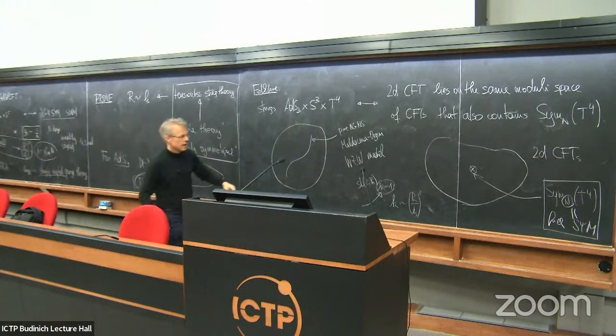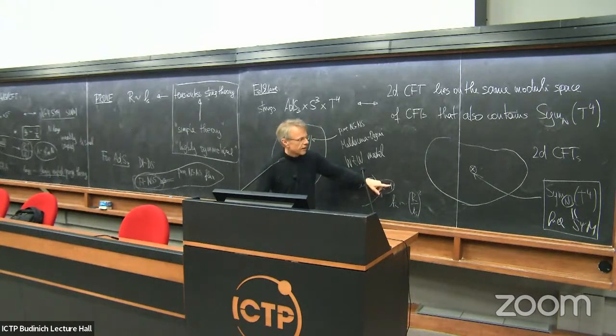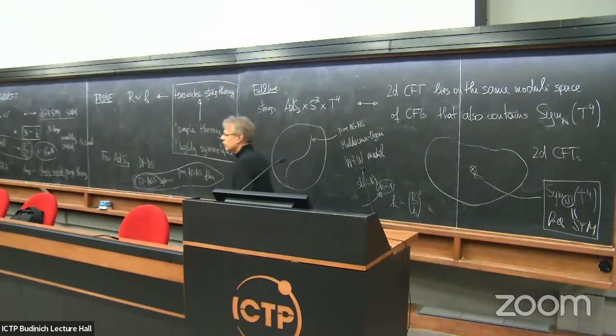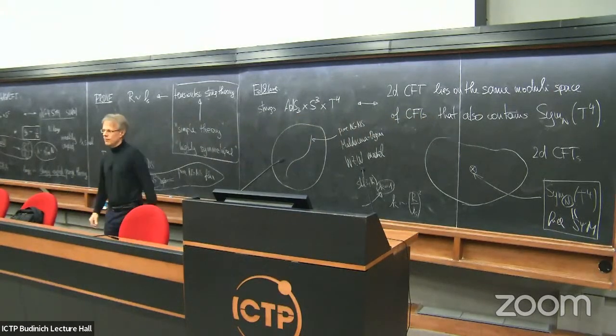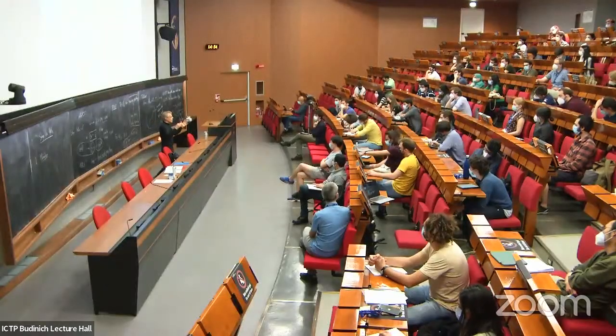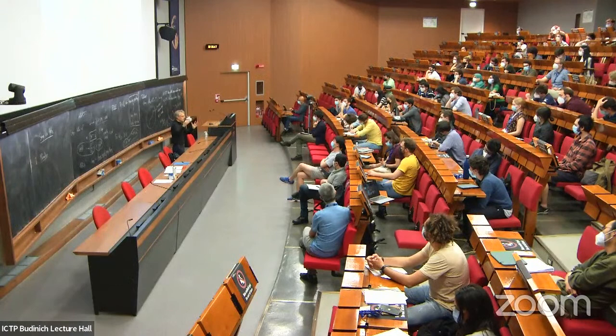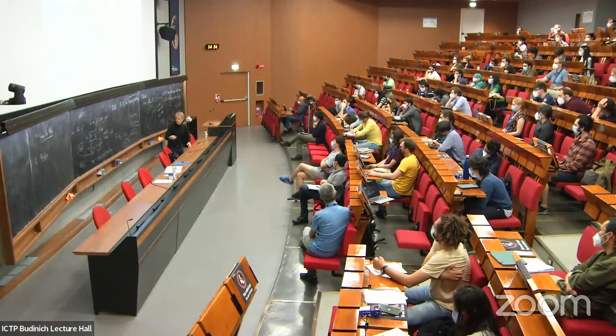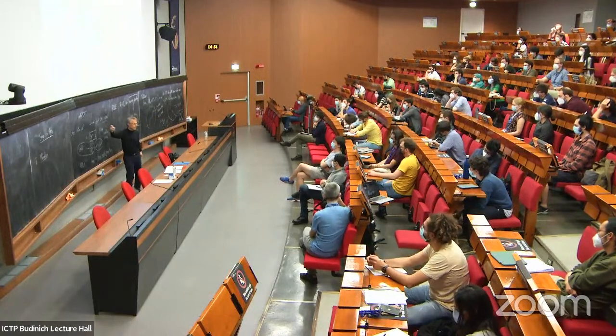So this theory at level K equals 1 reproduces exactly the spectrum of the symmetric orbifold of T4 in the large N limit. So this is already a very good indication that this is an example where you really have this worldsheet theory being exactly dual to the analog of free super Yang-Mills.